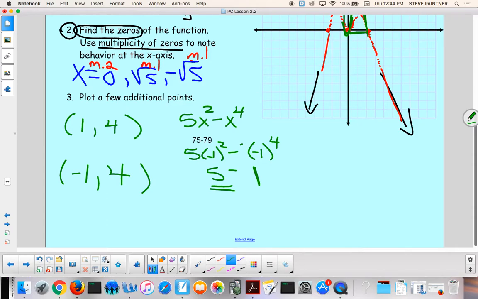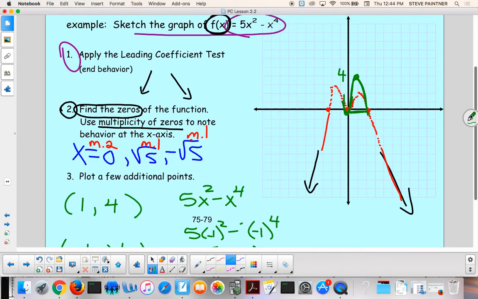Put it on your papers. -1, 4 is here. So it goes like this, bounces up and through. Oh, that's wrong. That's 3. Sorry. Okay, a little higher. Let's go a little higher to 4. Good?